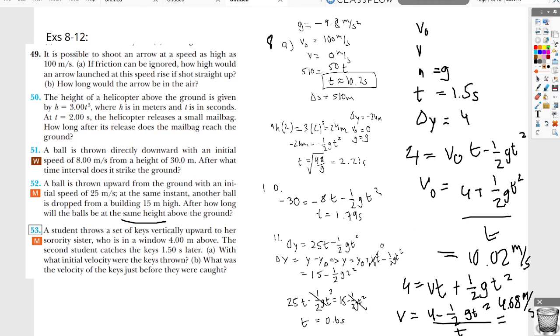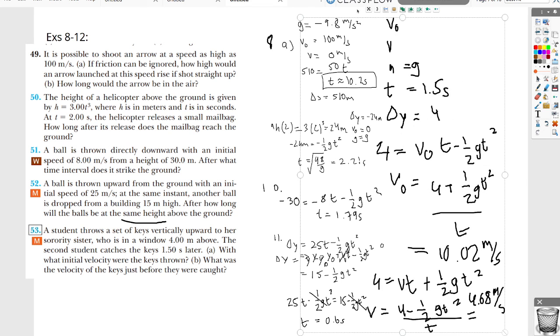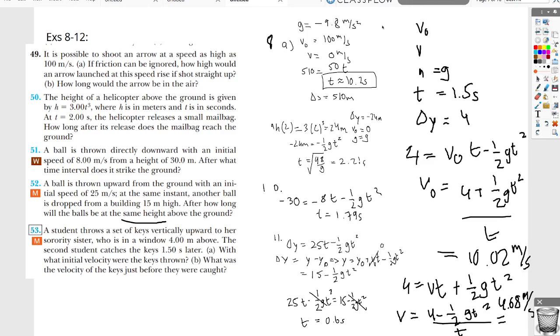Let's solve it using another method to make sure that we don't get a wrong answer, because getting a wrong answer is a crime in physics.